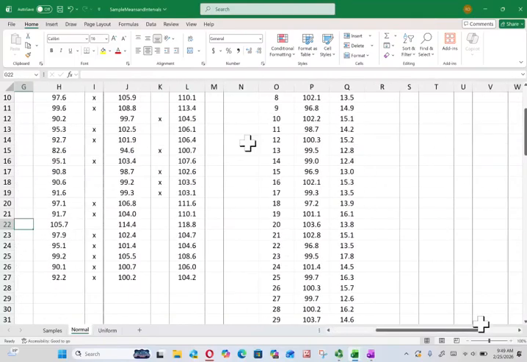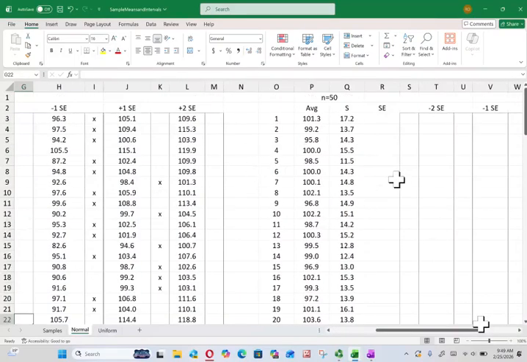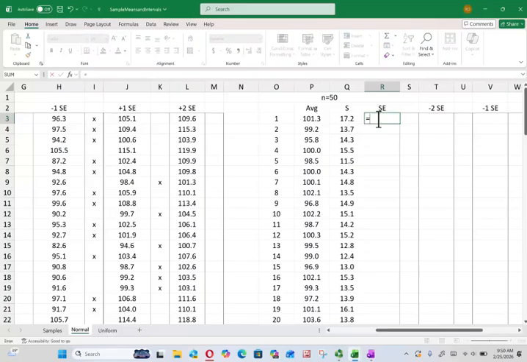Over here is a sample of size 50. Do the same calculation for the 50 as we did for the 10. Standard error first. This equals the standard error, 17.2, divided by the square root of 50.